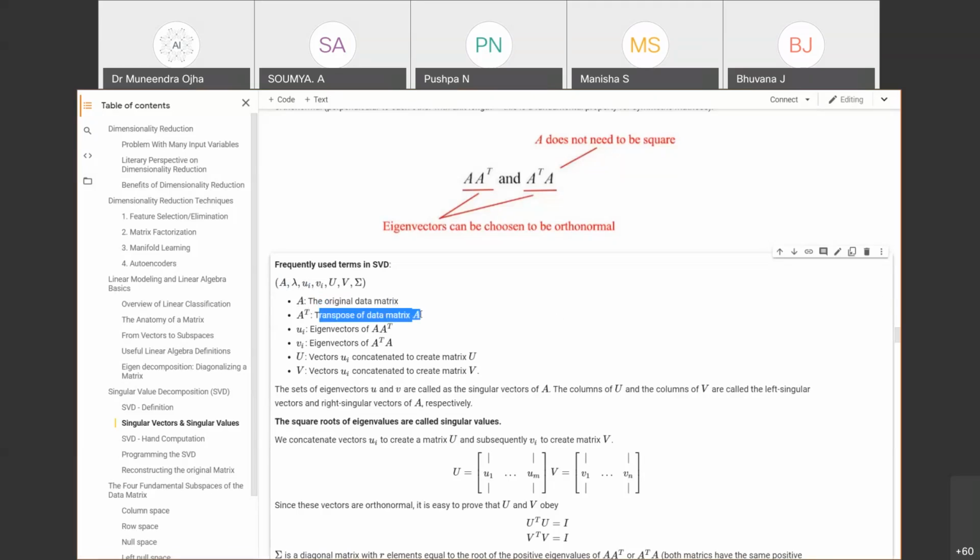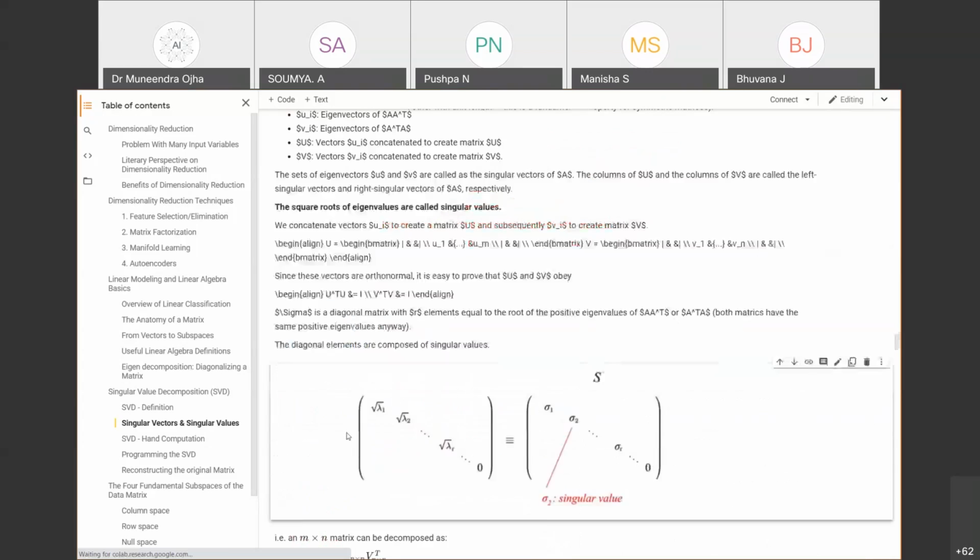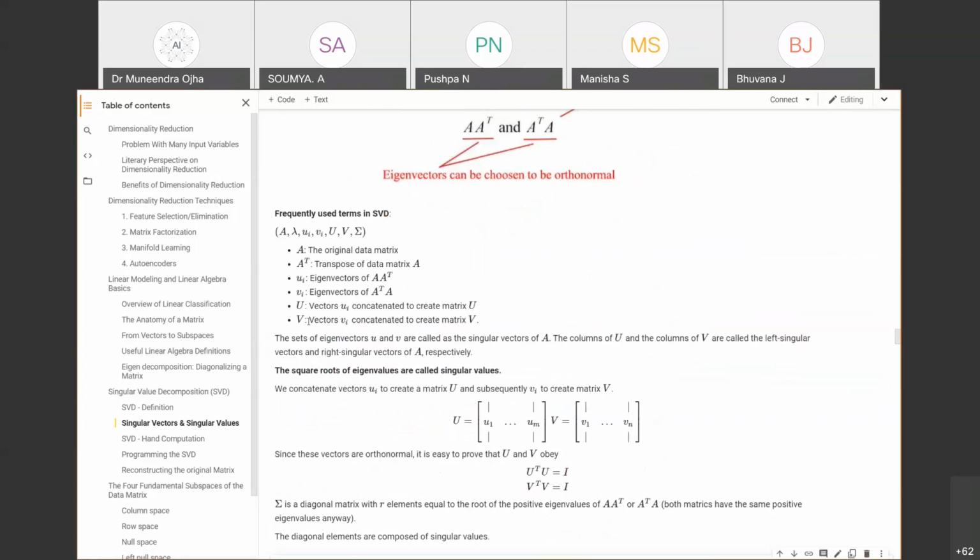A transpose is the transpose of data matrix A. ui is the eigenvector of A A transpose, and vi is the set of eigenvectors of A transpose A. Capital U is the vectors ui concatenated to create a matrix U. Capital V is the vectors vi concatenated to create matrix V. Here I should have written vi, and that is a mistake.